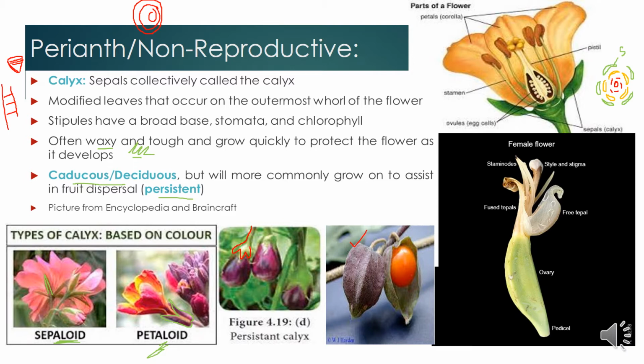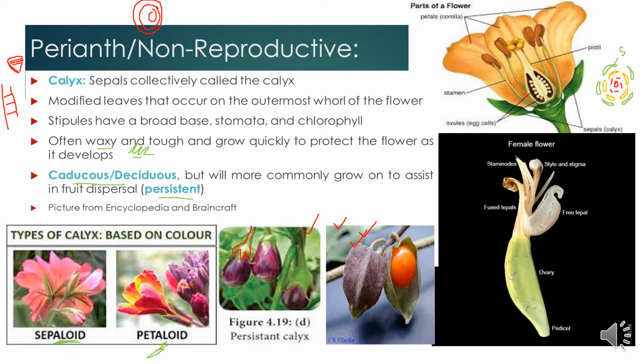These are just two examples, and both belong to Solanaceae. The persistent type of calyx is very common in Solanaceae, and it is in fact one of the characteristic features. Also we see it in tomatoes, which is another Solanaceae family plant. So this type of persistent calyx is present. This is protective in function, as you can see here in this diagram. It is protective.